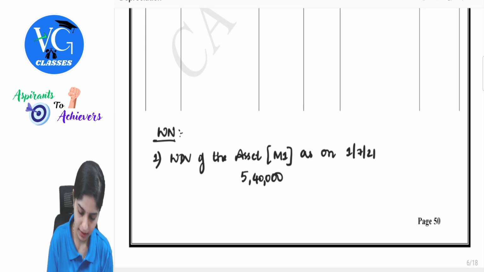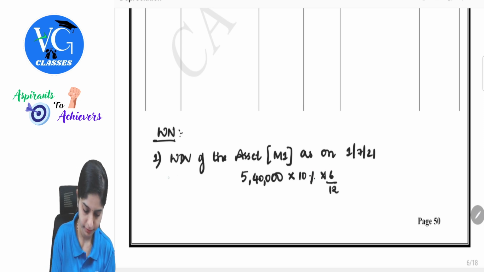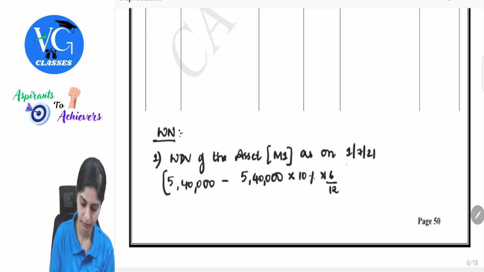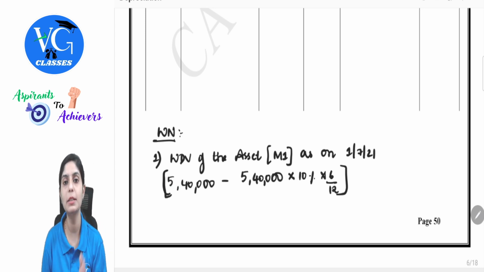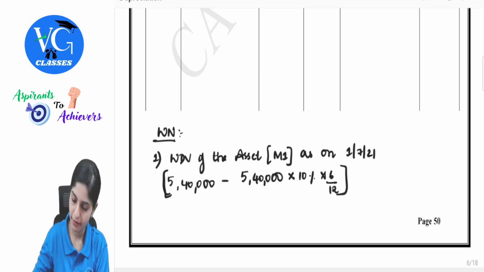So 6 months. This 10% into 6 by 12. This is nothing but we are calculating depreciation for the asset present in the business until 1st July. So 5 lakh 40 into 10% into 6 divided by 12.